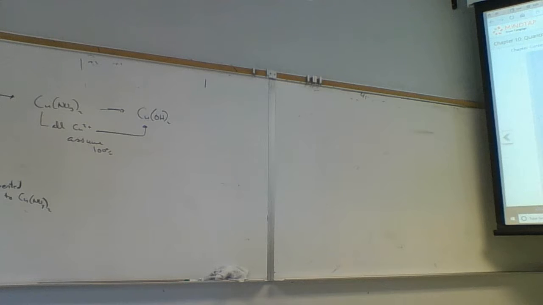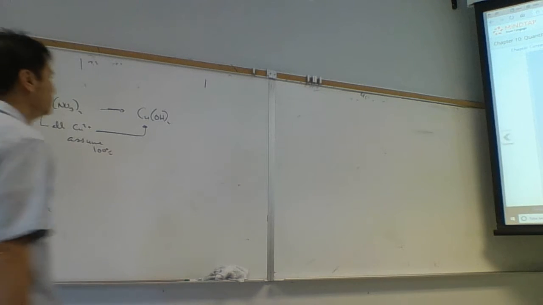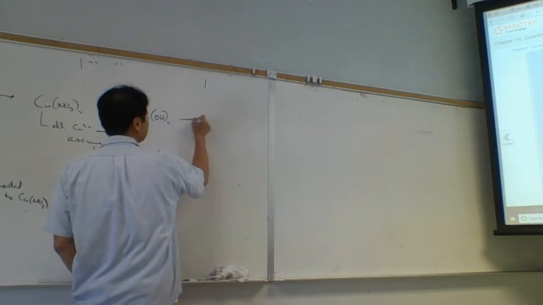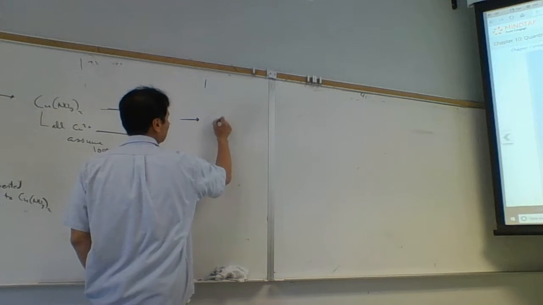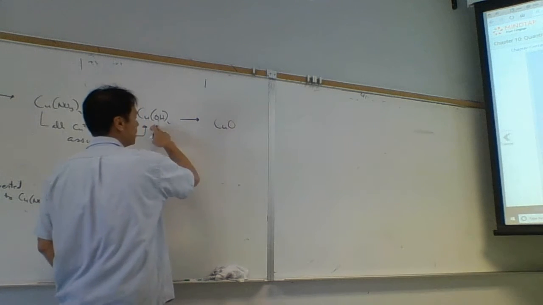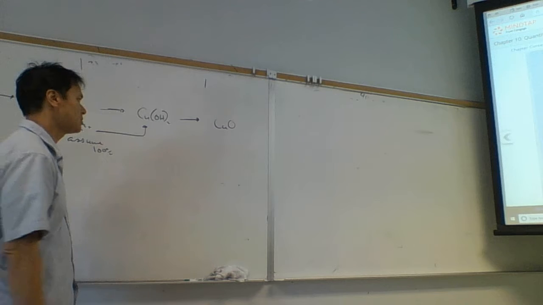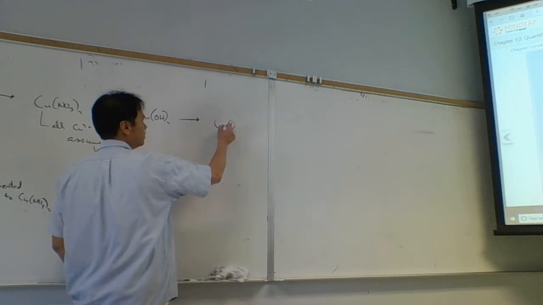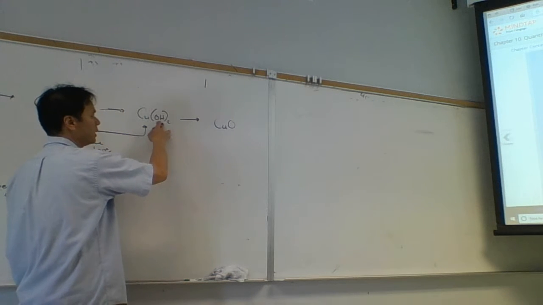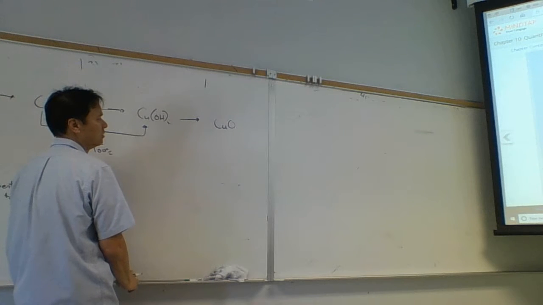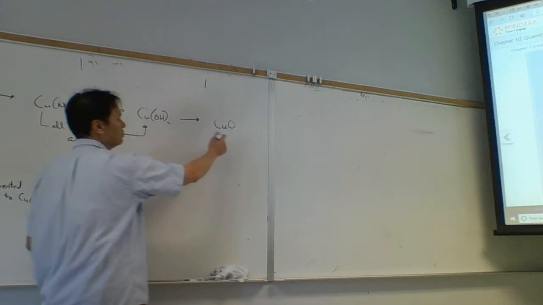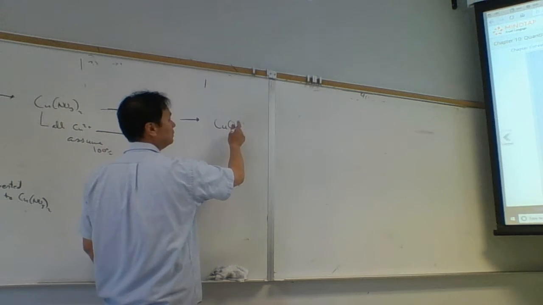And then to a solution of copper 2 chloride. Oops, then to copper 2 oxide. So we convert the hydroxide into oxide. This is probably an acid-base reaction, Lewis acid-base, in which they remove water, an H2 and an O, to get copper 2 oxide.